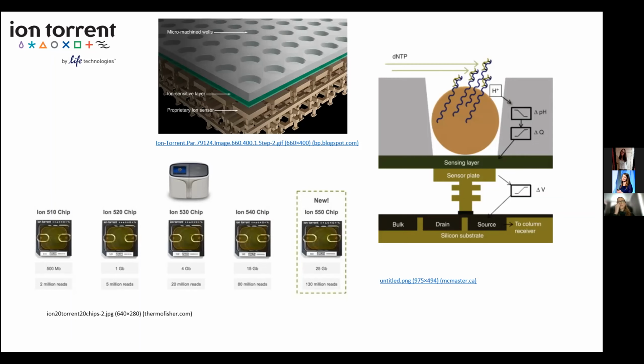The size of the chip is determined by the number of bases needing to be sequenced. There are different kinds of chips. For example, here are 5 different types for the GeneStudio S5 system, which is not so new anymore, but it's here as an example.